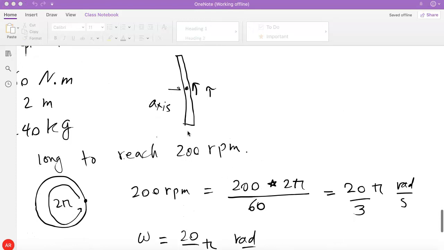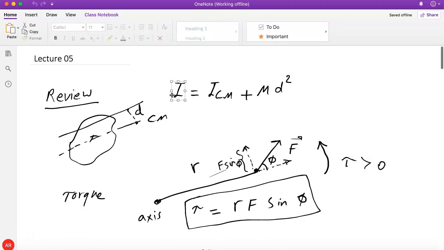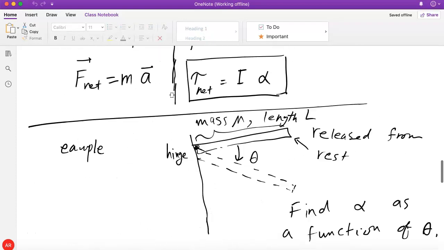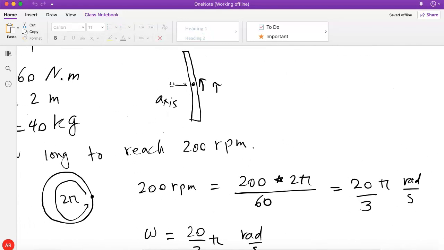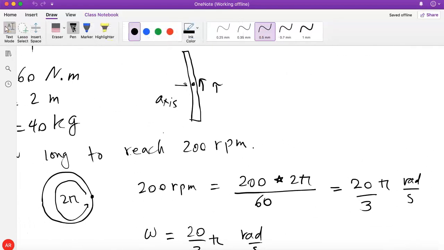The axis is through the center of mass of the rod. That's the axis.